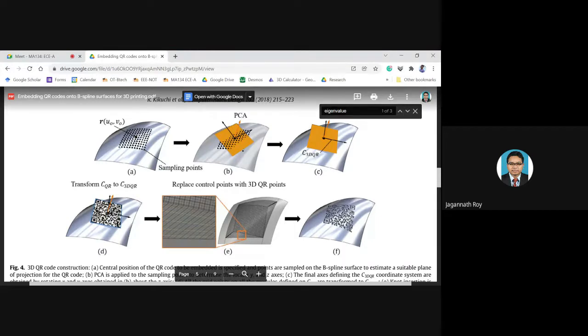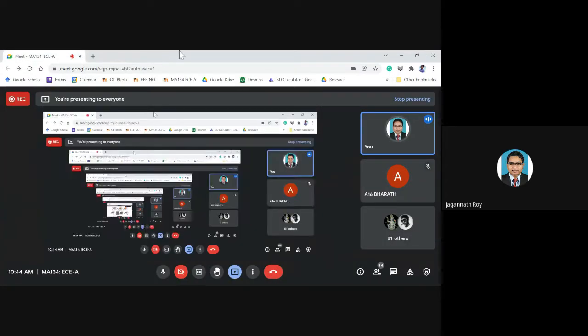So this is a much more complicated and higher level of study, but for your information, we can find beautiful applications of this eigenvalue, eigenvector, and diagonalization process.